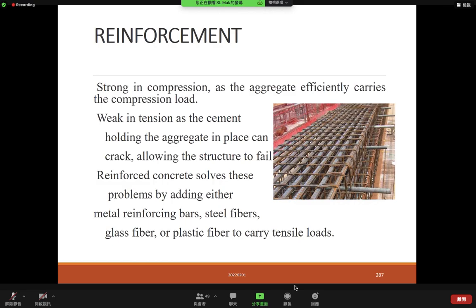As I mentioned, cement or concrete is weak in tension, holding the aggregate in place, it will crack, allowing the structure to fail. So reinforced concrete solves this problem by adding metal reinforcement bar, steel fiber, glass fiber, or plastic fiber to carry both tensile and compression strength.